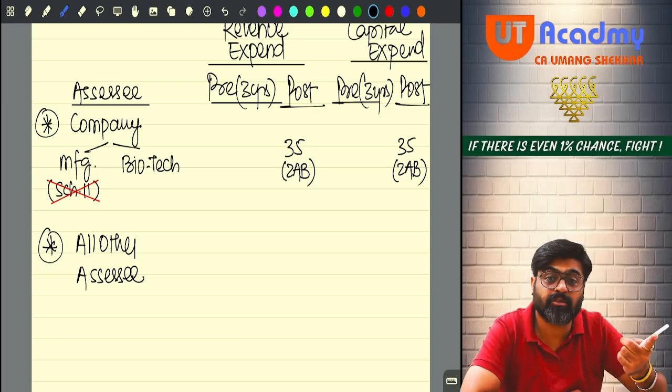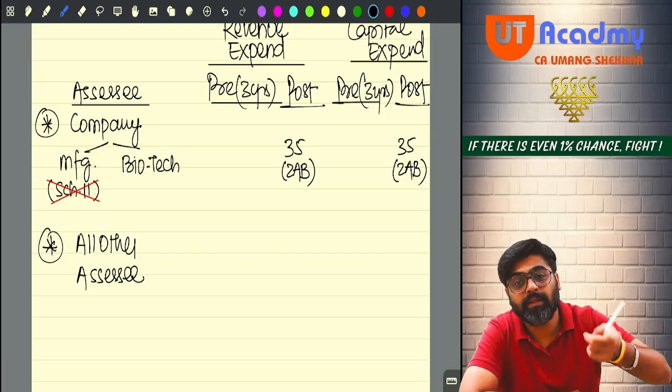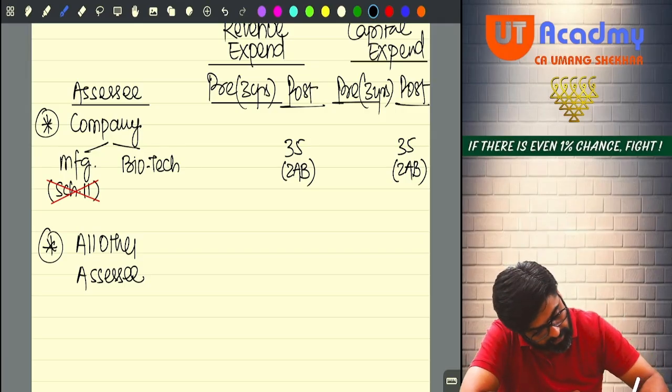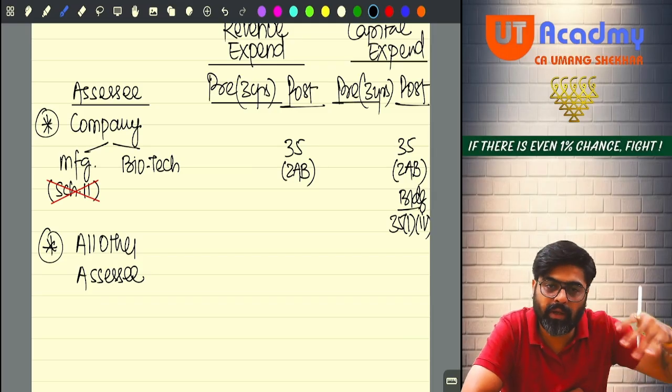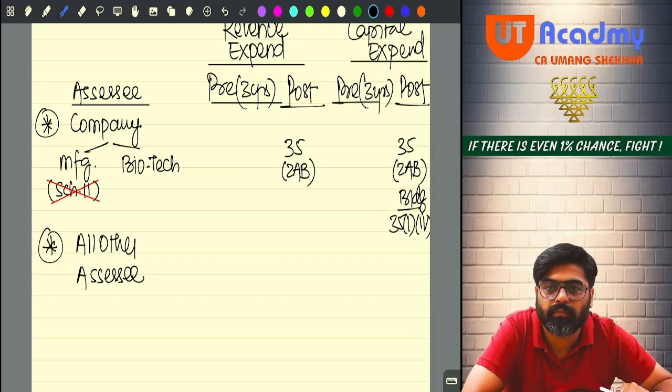But for the post commencement building they used to claim fully under 35(1)(4). Yes or no?